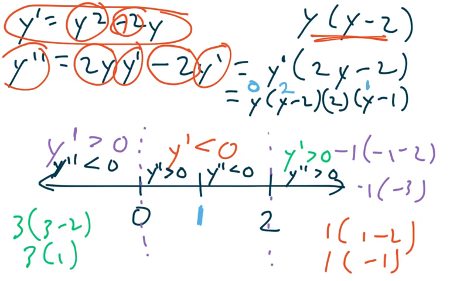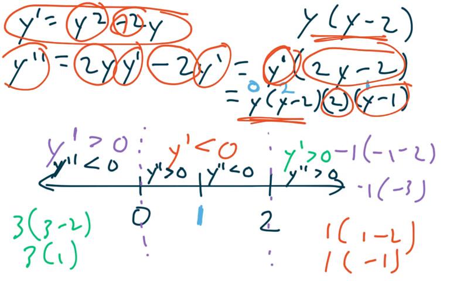And now I can factor out the y prime, and I'm left with 2y minus 2, which is 2 times y minus 1. We know that y prime originally was y minus 2. So now we have our second derivative.